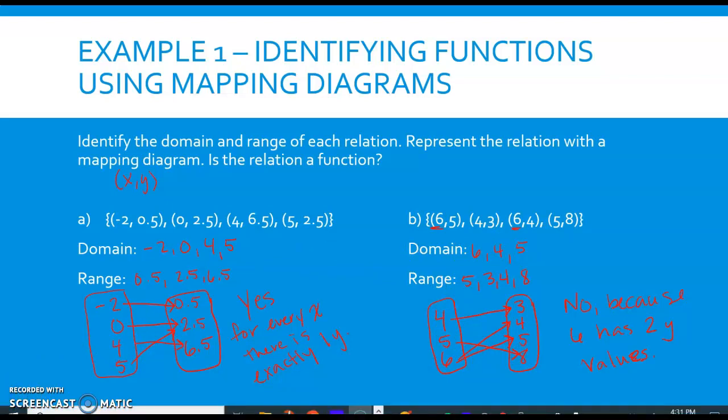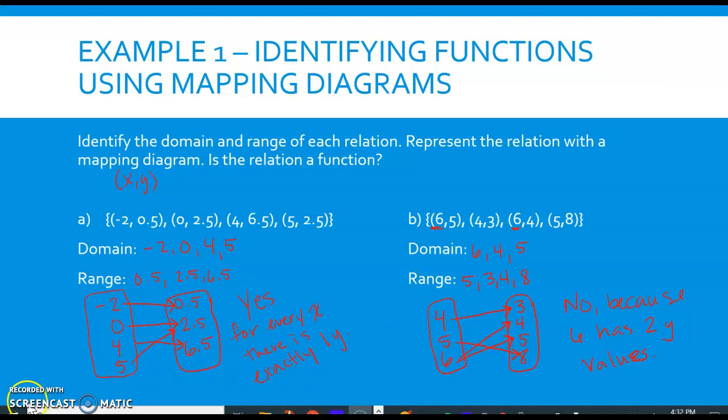So the one thing to remember when working, basically all these videos I'm about ready to go through with you: if x repeats, it's not a function. That's what it comes down to when we look at tables, when we look at coordinate points like these right here, when we look at mappings, anything we look at and ask, is it a function? If x repeats, the answer is no.